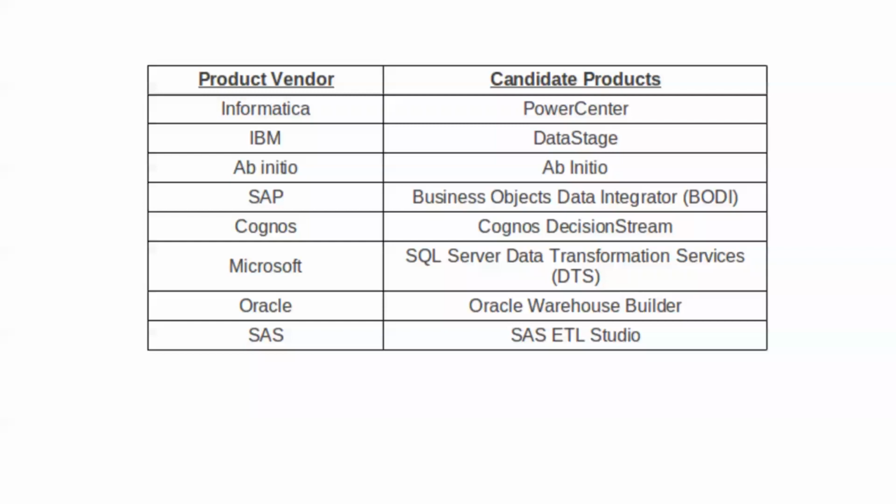In IBM, there is DataStage. Ab Initio is a product. For SAP, there is a separate ETL tool. For Microsoft, there is SSIS, formerly DTS, Data Transformation Services. For Oracle, there is Oracle Warehouse Builder. In Talend, there is Talend Studio. These are available tools which can be used for developing ETL.